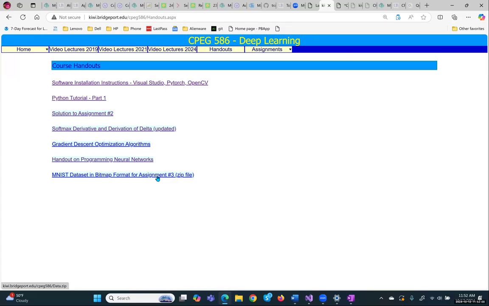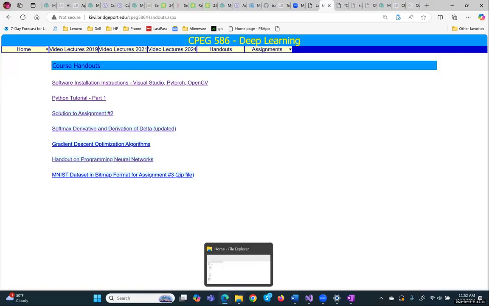In your case, it's number 4. The last link over here, you'll see MNIST data set in bitmap format for assignment 3, but maybe I'll change it to assignment 4. So from the handouts, download this zip file and extract it to a folder.